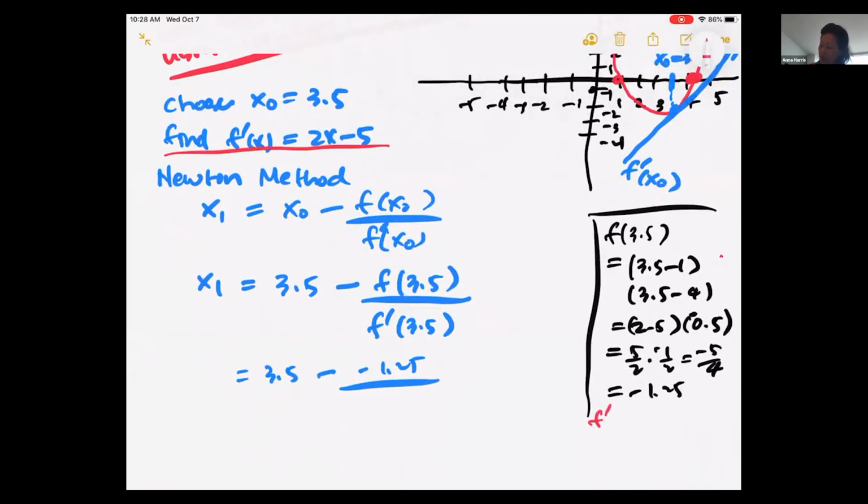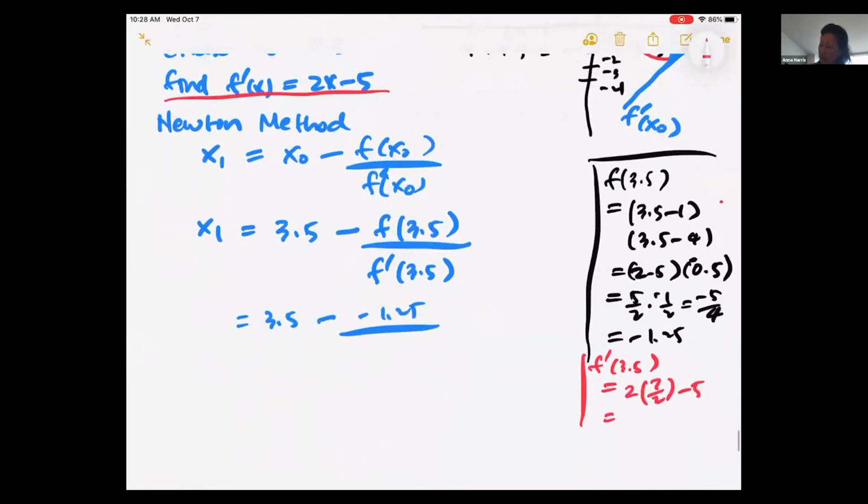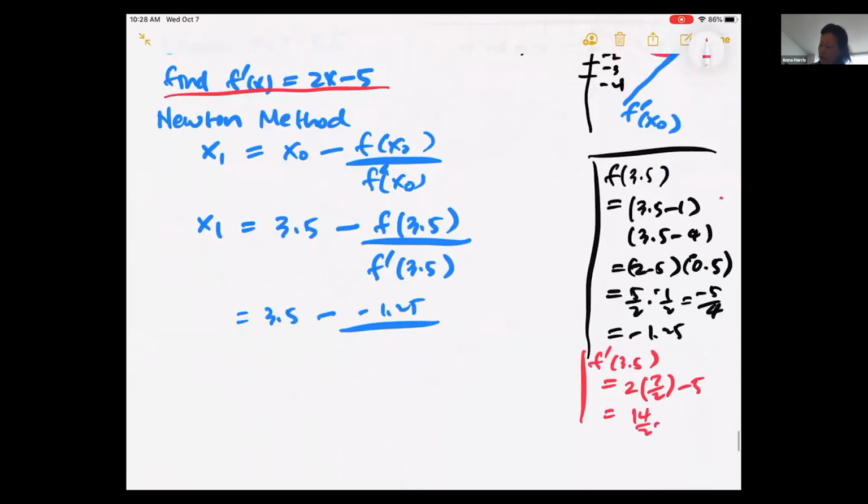So f prime of 3.5 is equal to 2 times 7 over 2 minus 5, which is 14 over 2 minus 10 over 2, which is 4 over 2, which in this case is 2. Good thing it's easy now. All right, still it's a lot of work.